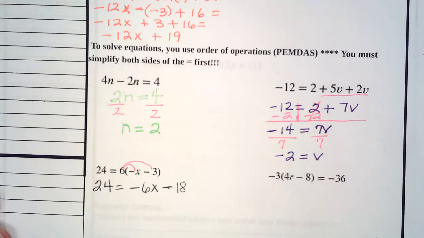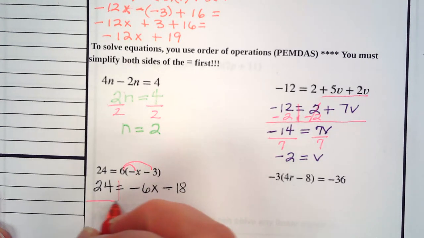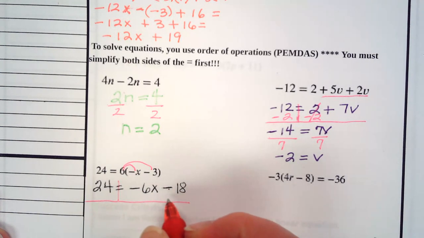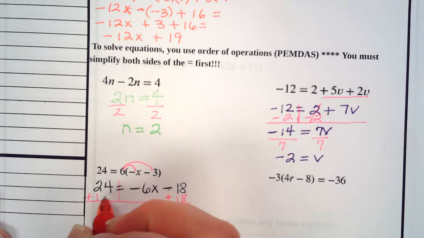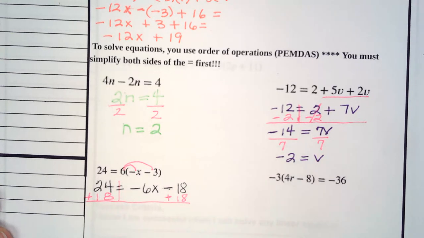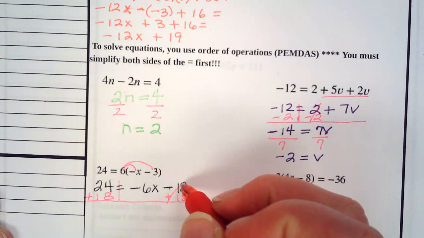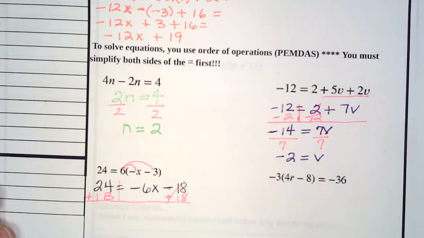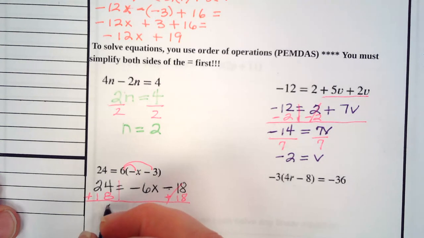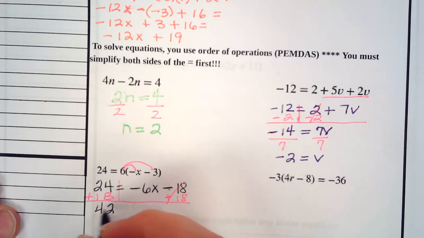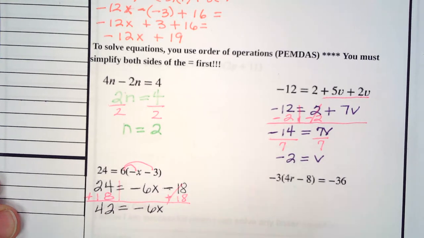Okay, draw your lines. I need to get rid of the negative 18, so I'm going to add 18 to both sides. It cancels out. 24 plus 18 is 42 is equal to negative 6x.